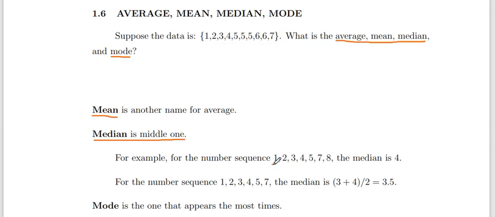So here, which is the middle one? Is this one, right? If we have an even number of numbers, the middle one is here. So how can we find the middle one? We define the middle one as the average of those two numbers.